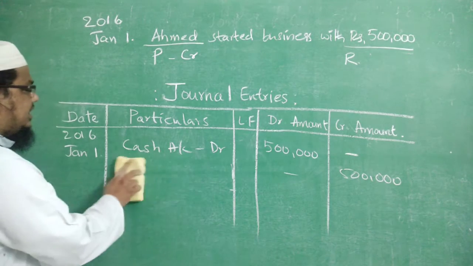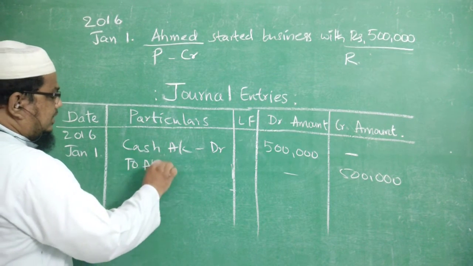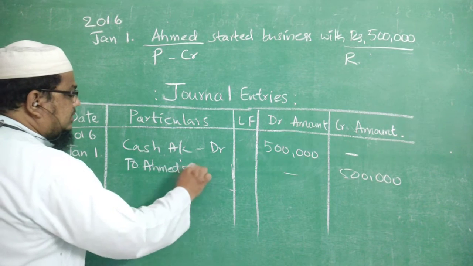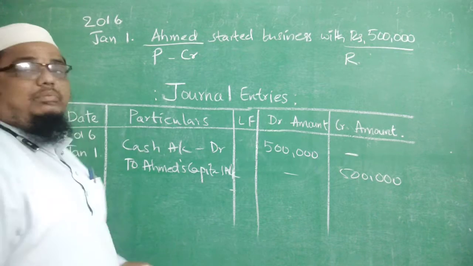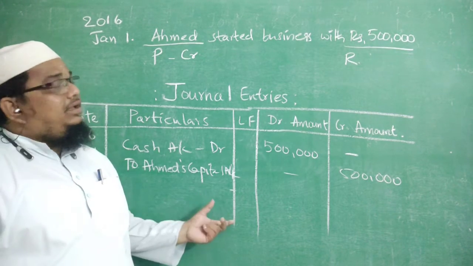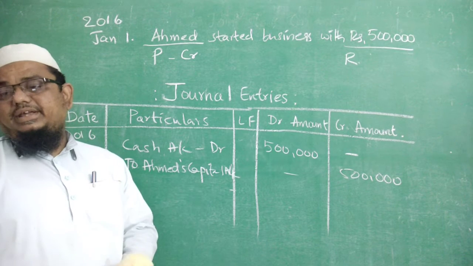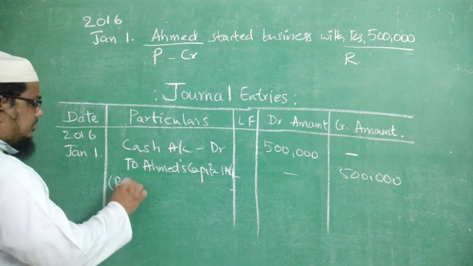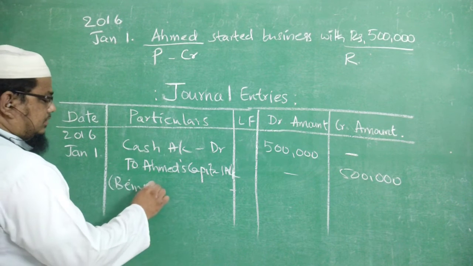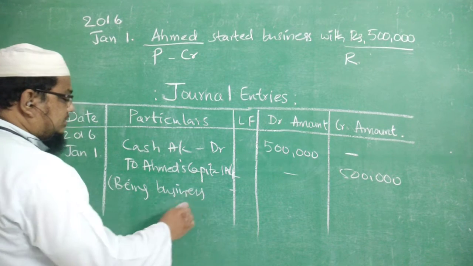If we are writing to Ahmad's capital account, it means Ahmad is providing 5 lakhs capital for the business activity. So, being business started.